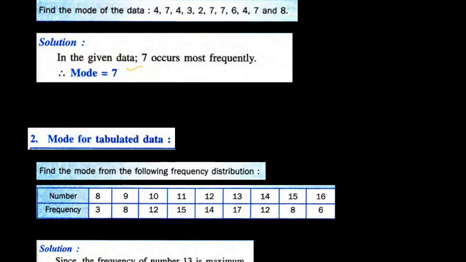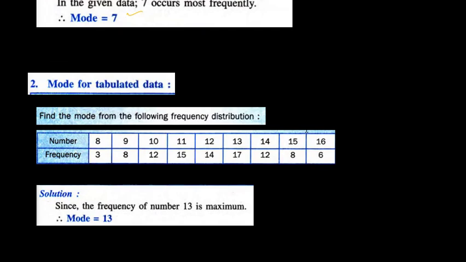Now mode of tabulated data. For tabulated data, you are given a number and its frequency. So when it is tabulated data, you have to see which data is coming the maximum number of times, or you can say the frequency where the frequency is maximum, that data will be your mode.